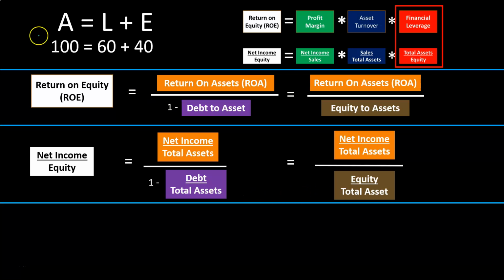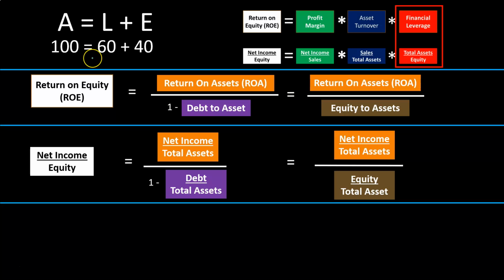Why? If you consider the accounting equation, assets equal liabilities plus equity, and you were thinking about this equation, debt compared to assets would be the liabilities 60 over the 100 of assets. That would be 60%. If you know that 60%, you know that equity to assets would have to be the 40 over the 100, or 40%.